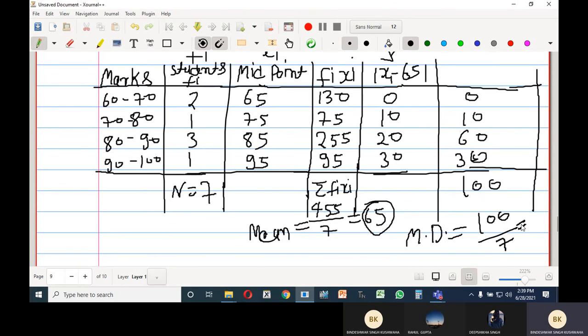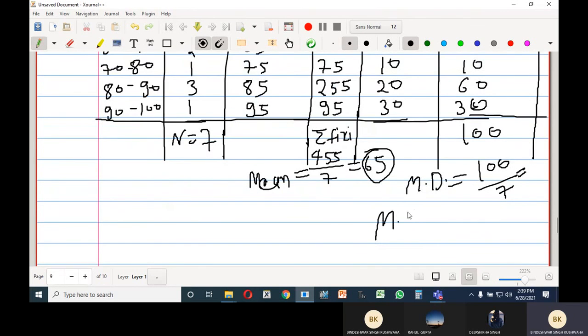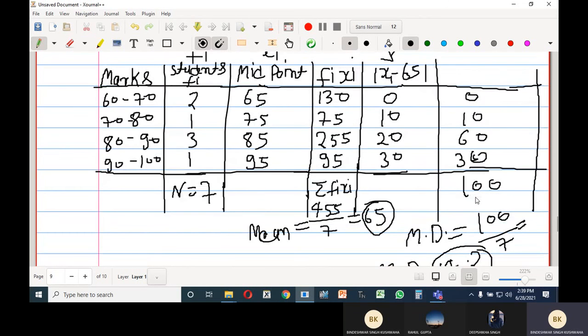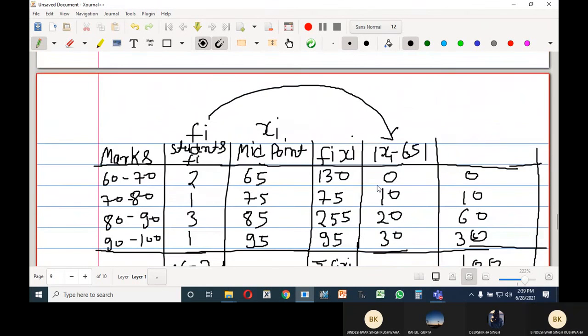So who will tell me what is the mean deviation? This is the mean deviation. So 14.2. Okay. So this is the mean deviation. So what did you find? You just need to calculate the midpoint and all the process is the same.